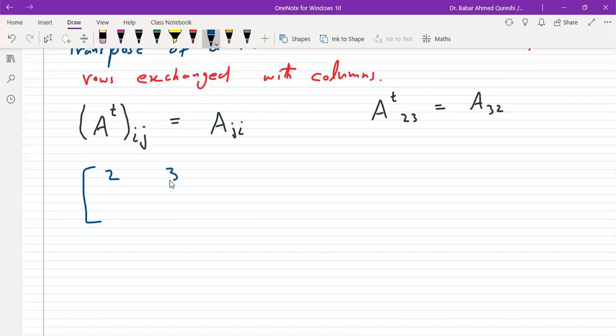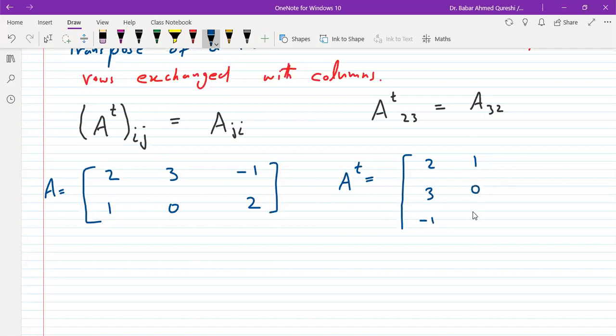So let's say this is A, and I want to take the transpose. So A transpose: I take this row and make it a column. Take this row, make it a column. Now if I look over here, let's say entry 1,2, first row, second column, I have a 3.